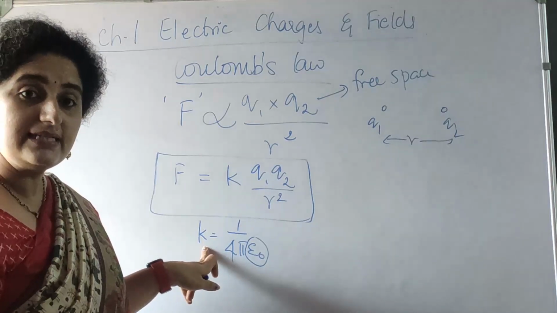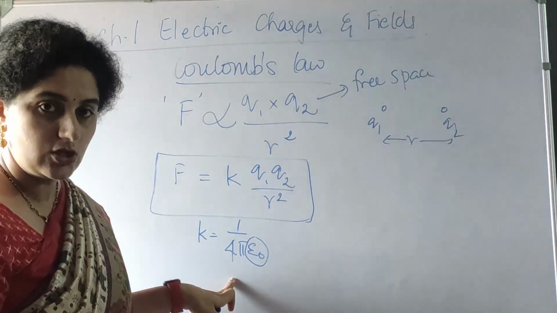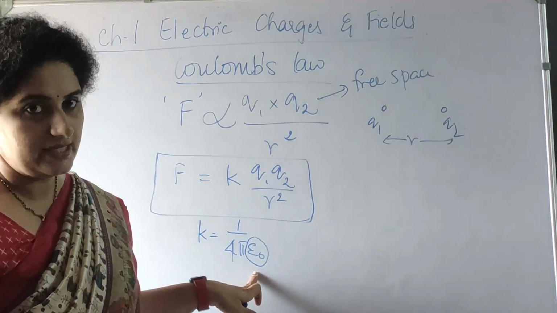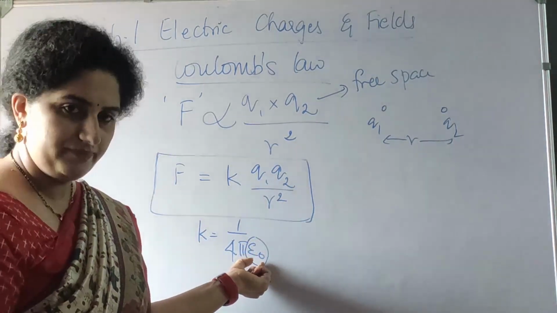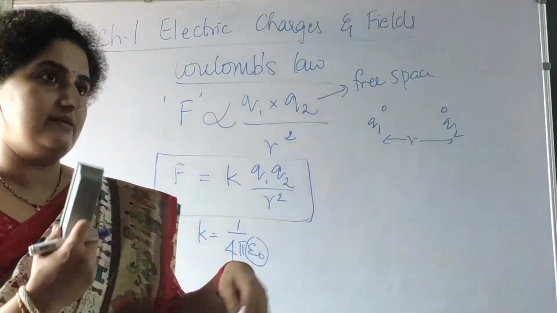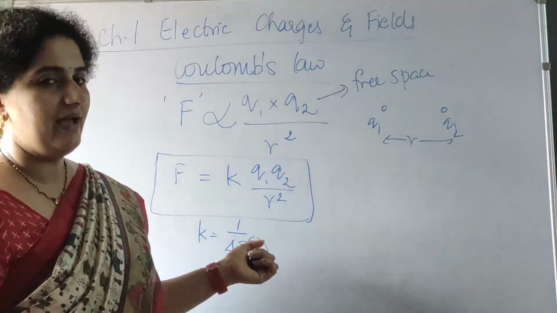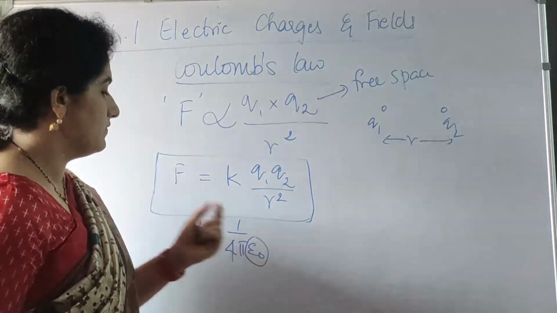Epsilon naught is the absolute permittivity of free space, that is in vacuum, which we discuss in chapter 5 or 6, where we have different terms and you will get to know.